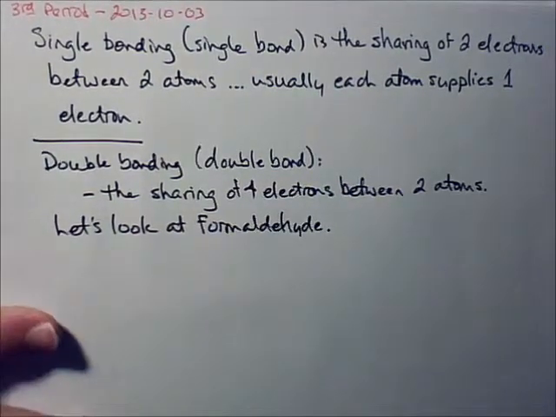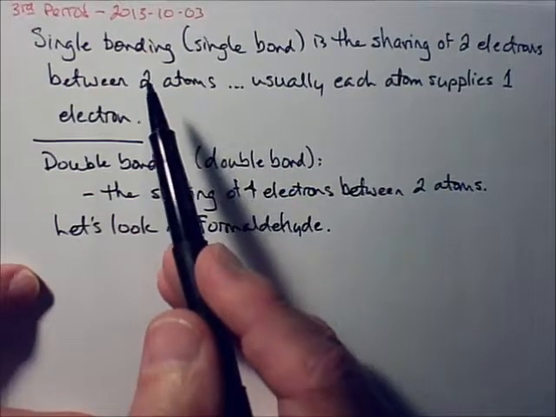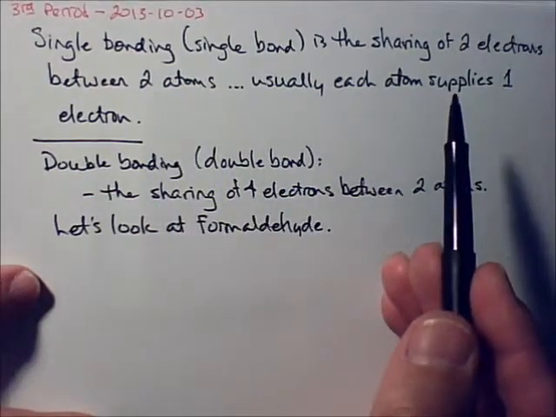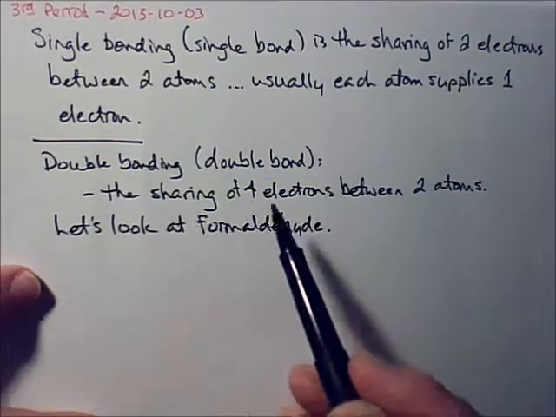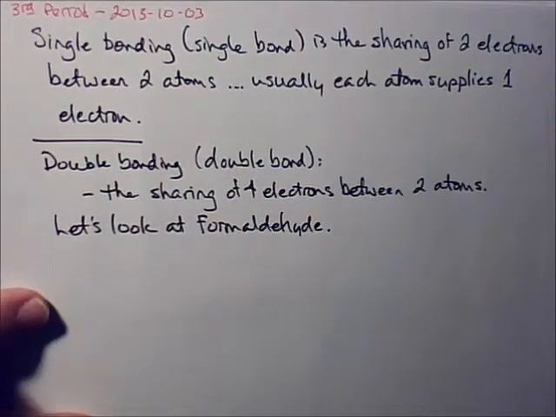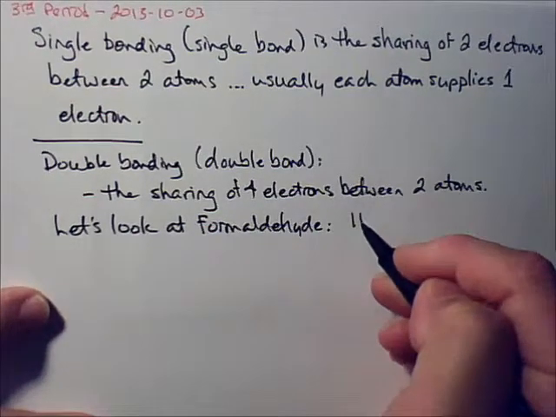Okay, we're going to use that because it's a real simple molecule, but it has a double bond in it. Yes? Single is 2 electrons and double is 4. Correct. Single bonds have 2 electrons shared between 2 atoms. Double bonds share 4 electrons between 2 atoms. Okay? And formaldehyde has this formula.